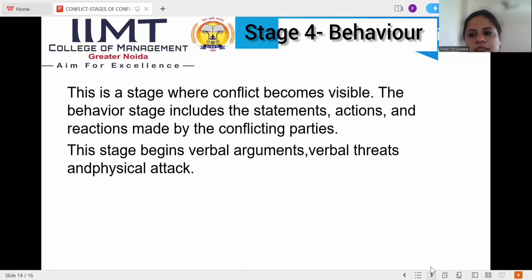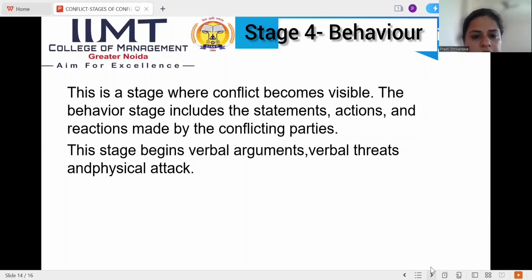Now, the next is stage 4, that is the behavioral stage. This is a stage where conflict becomes visible. The behavior stage includes the statements, the actions, and reactions made by conflict parties. This stage begins with verbal arguments, verbal threats, and physical attack.